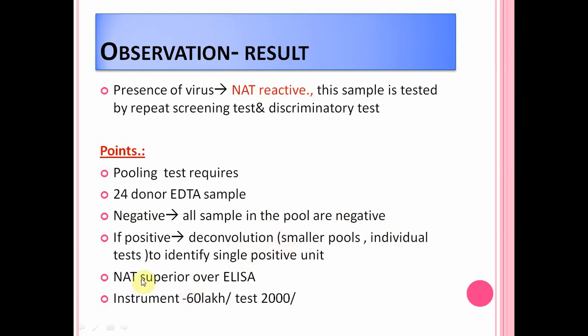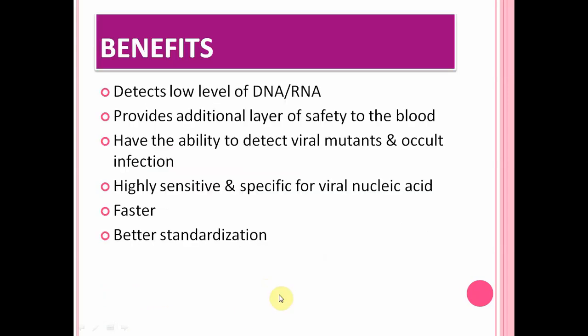So NAT is superior over ELISA. It provides additional safety to your blood. The instrument may cost 60 lakh and the test may cost 2000 rupees. The benefits of this NAT testing: it detects even very low levels of DNA or RNA, provides an additional layer of safety to the blood before transfusion, and has the ability to detect viral mutants.